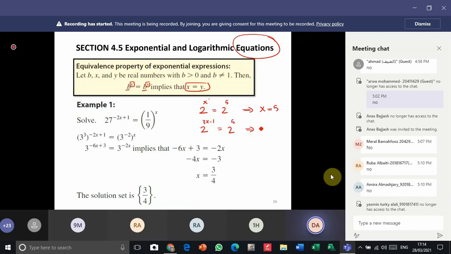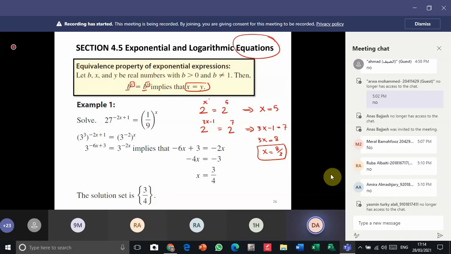So we can conclude 3x minus 1 equals 5 also. Or another number, for example, 7. So we have 3x equals 8 after moving the negative 1 to the other side, then dividing by 3, so we have x equals 8 over 3. This is the value of x. An exponential equation means the x is in the exponent, and you can find the x in the exponent.